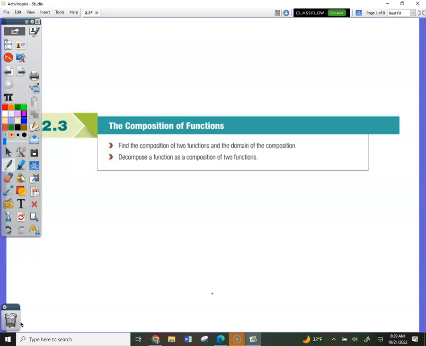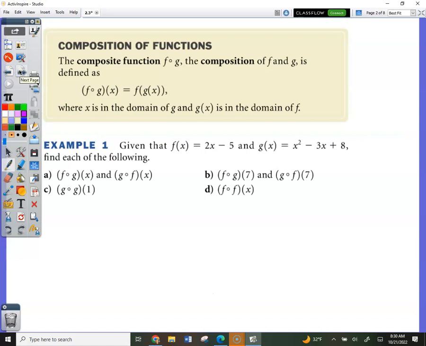Same concept, but instead of plugging a number in, you're going to take in a whole other function and plug it in. So it's very similar to the whole x plus h thing, because you're taking a block expression and you're plugging it in, and then you have to clean it up. Okay? So let's start simple.